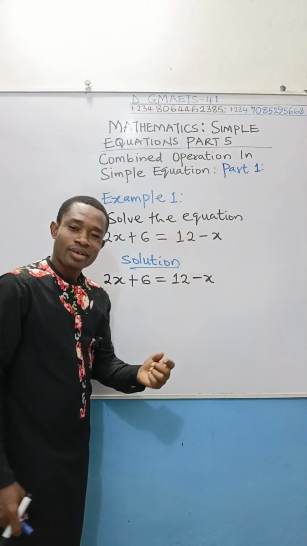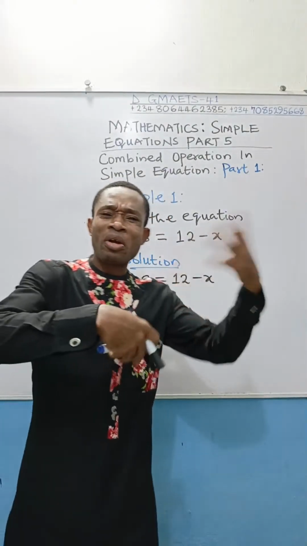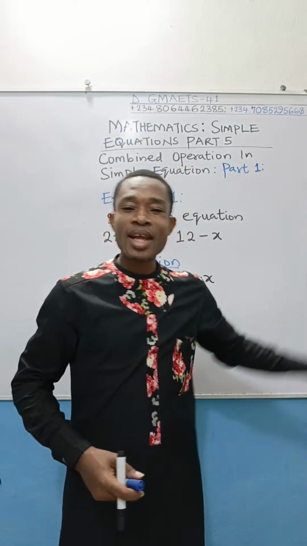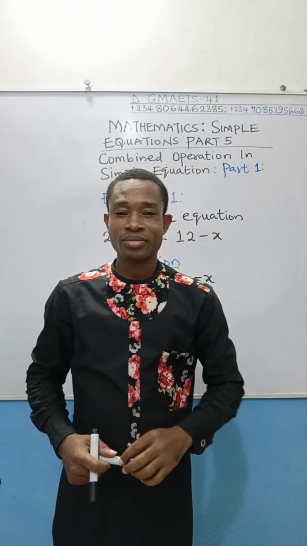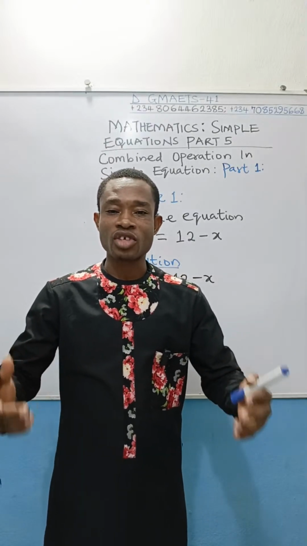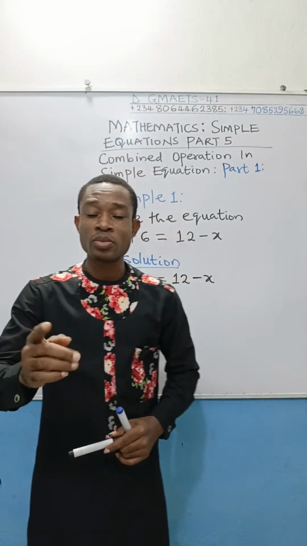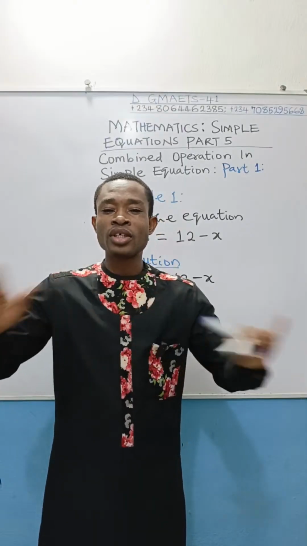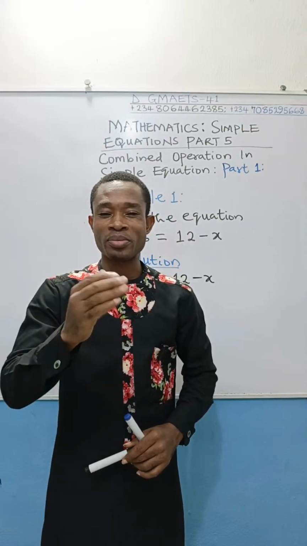The unknown we are looking for, which is x, we have this plus or minus between that unknown and something else. And you remember I told you, when I taught you simple equation involving collecting like terms, that anytime you have plus or minus between what you are looking for and any other thing, you are expected to collect like terms.